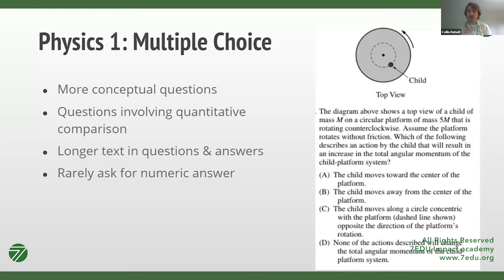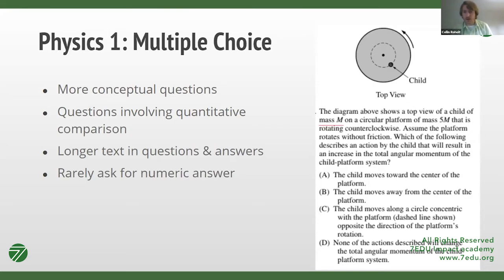Sometimes there are shorter answer questions on Physics 1, but when they switched from the Physics B style to the Physics 1 and 2 style, they had a lot fewer questions in the same amount of time, basically allowing them to require more reading and analyzing. So the questions are longer and require more reading. It's easy to get lost and miss small details if you're being careless, or if your language skills aren't at a high level.